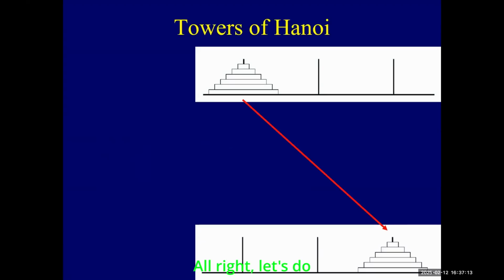All right, let's do a couple more practice ones. On my last exam for 3101, I said, give me some algorithms that we covered in this course that have this running time.